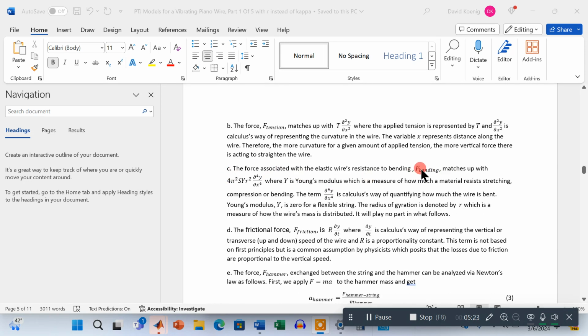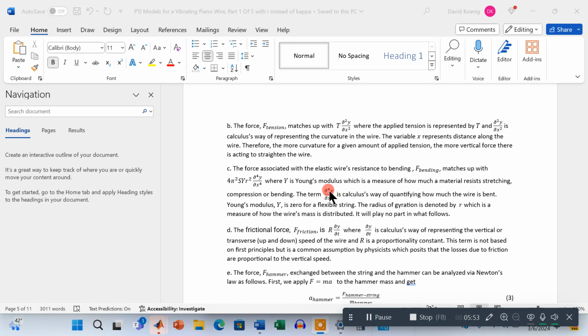Okay, the bending force is 4 times pi squared times the cross-sectional area S times Young's modulus Y times the radius of gyration squared times the fourth partial derivative of y, the vertical displacement, with respect to x, the distance along the wire.